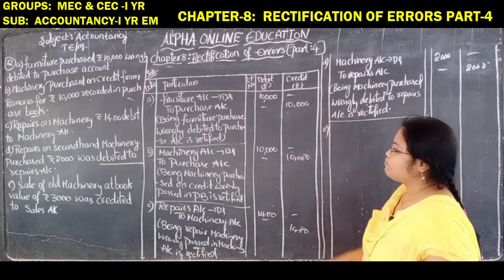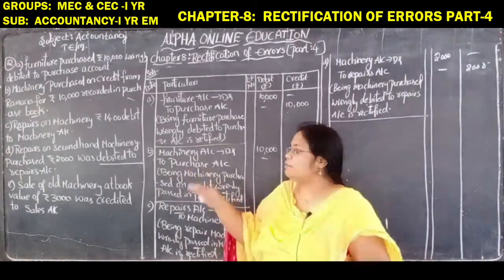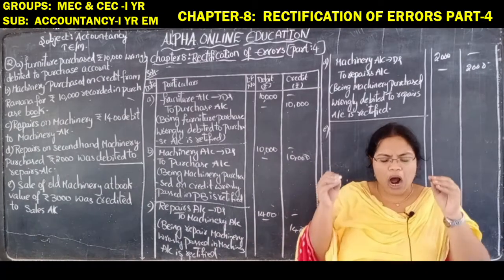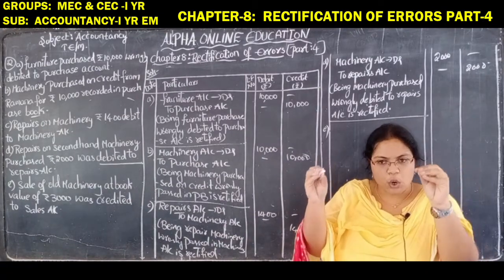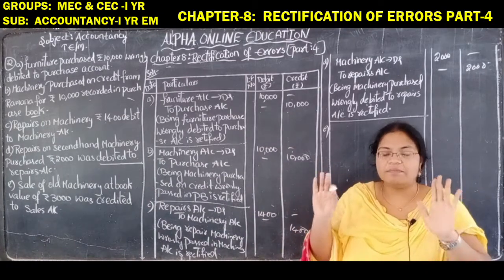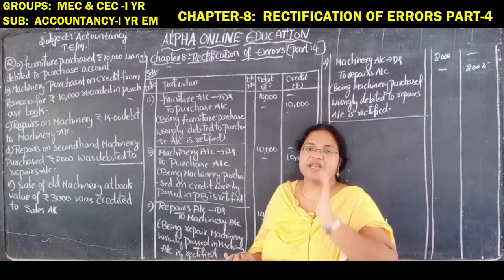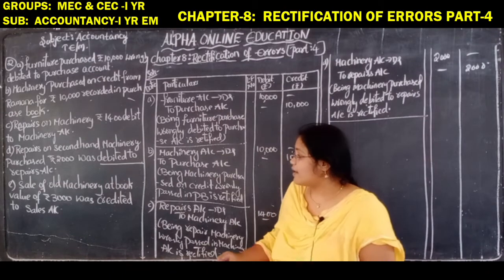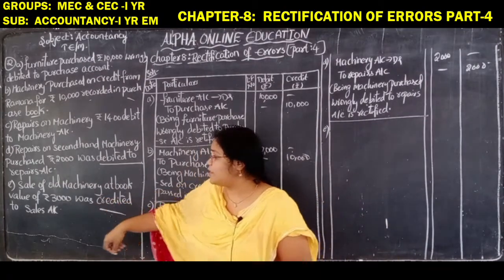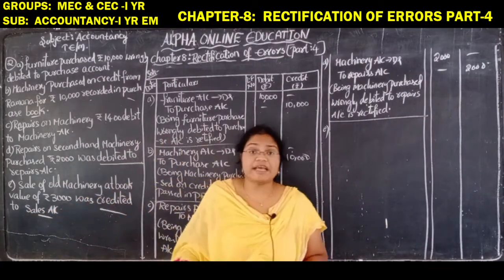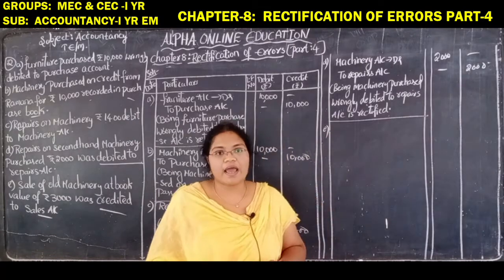Next, E. Sale of old machinery at the book value. Whatever it may be, they are selling that machinery. Then what will be the entry? Cash account debit to machinery account. But they credited the sales; they did not credit the machinery.